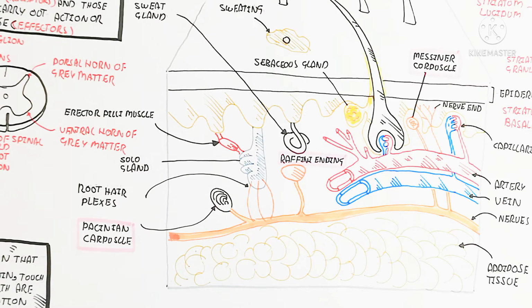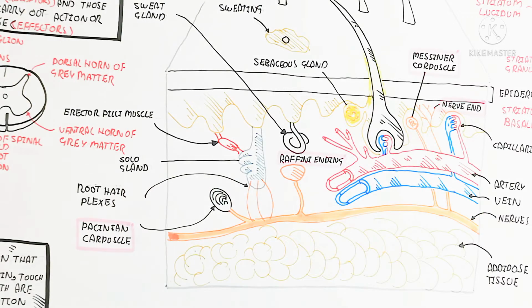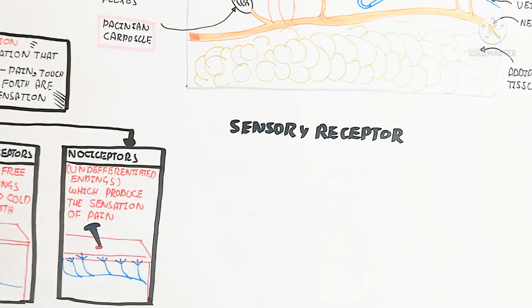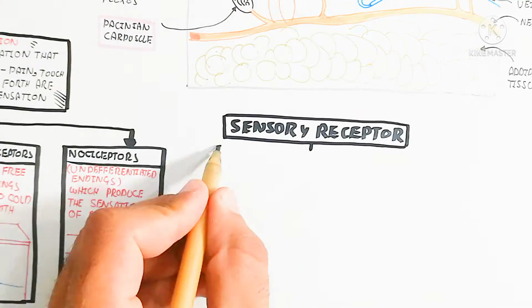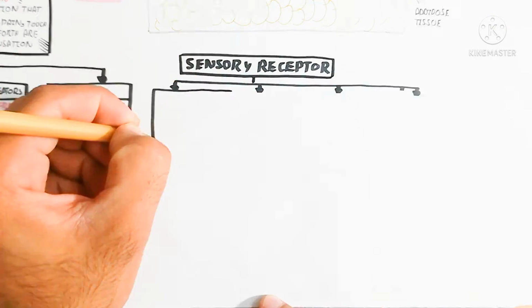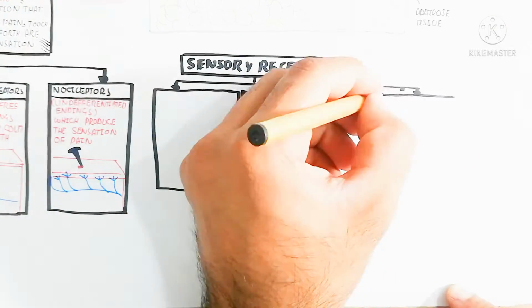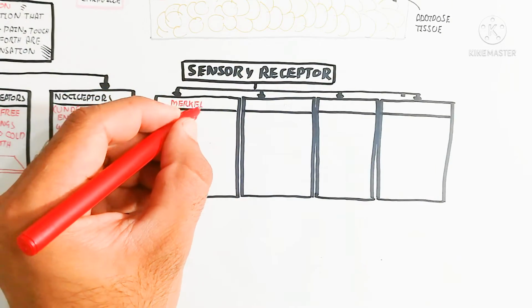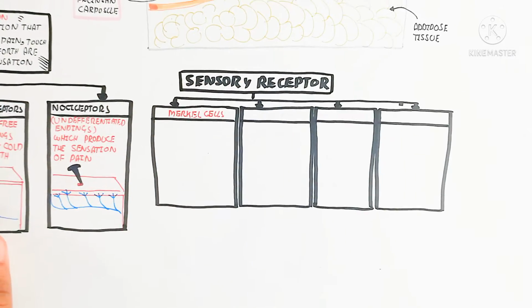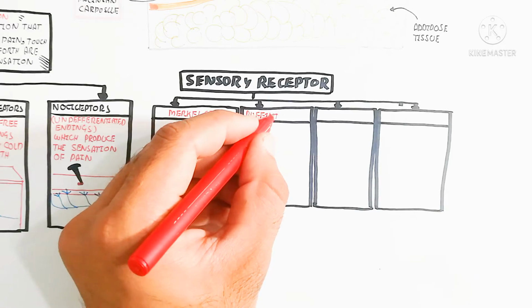So let's begin to understand first the sensory receptors and what the sensation is and what the types of sensation are. So here you can see, first of all we will discuss the free nerve ending. This free nerve ending is in the form of touch, pressure and slight touch, and it is known as the Merkel cell.